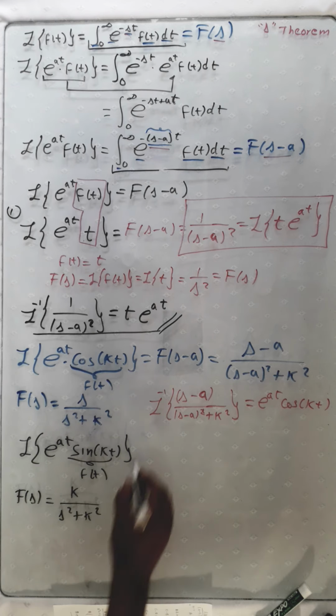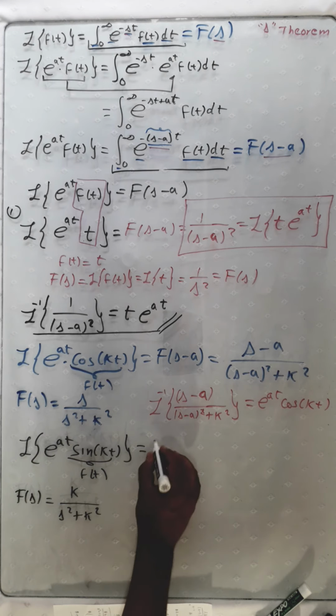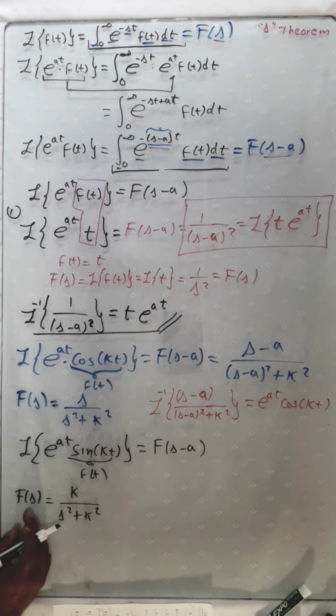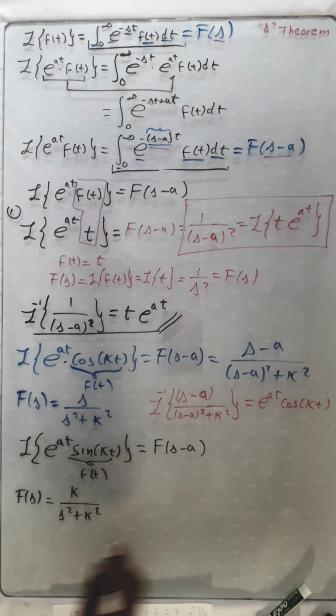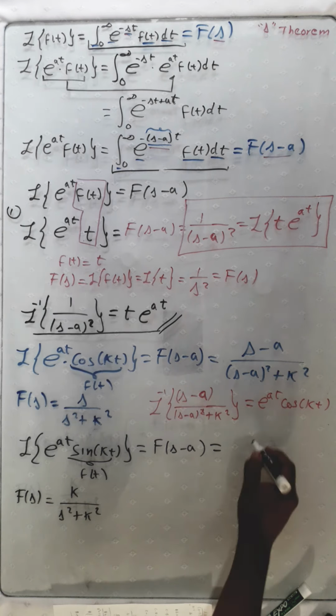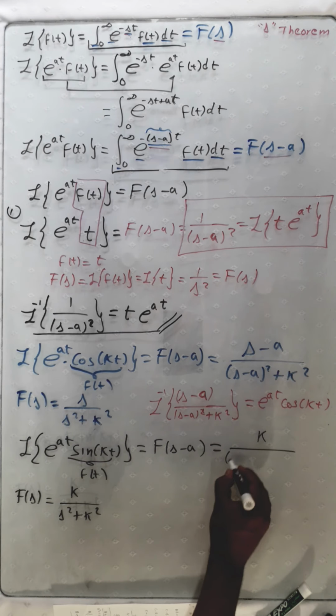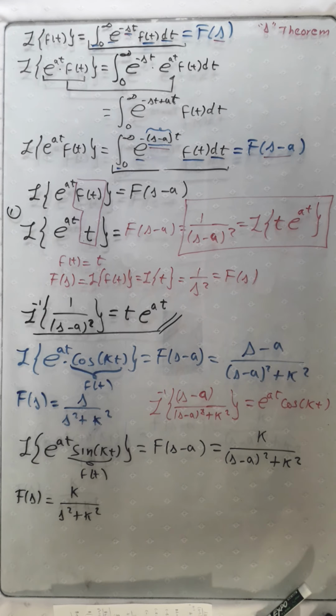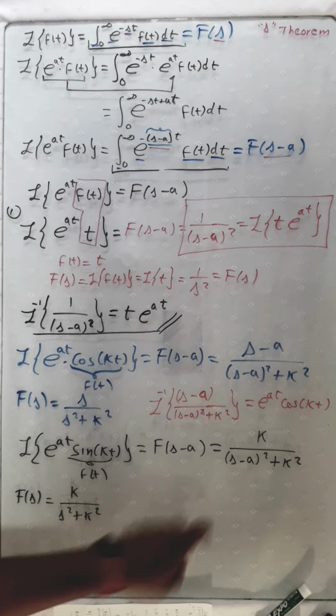According to the formula, the result is f of s minus a. All we have to do is replace here s minus a. If we do so, then we will have k over s minus a squared plus k squared. So the Laplace transform of the exponential times the sine is equal to this.